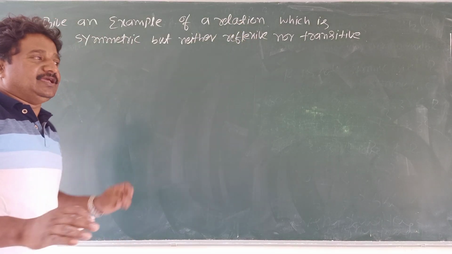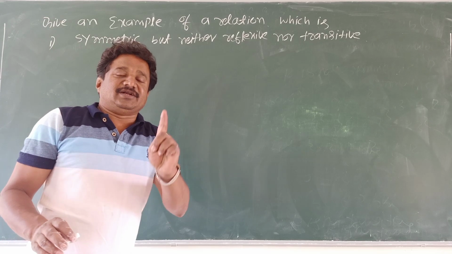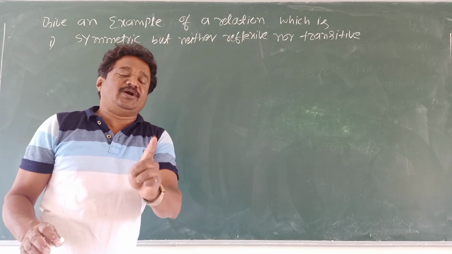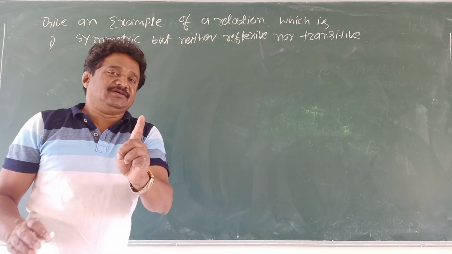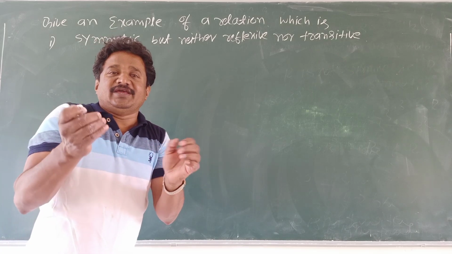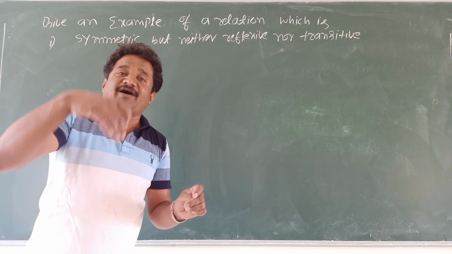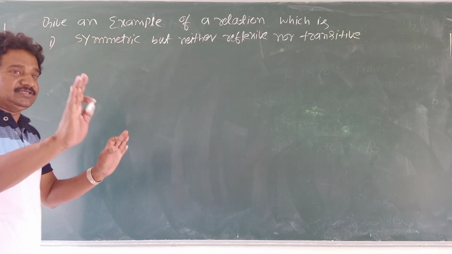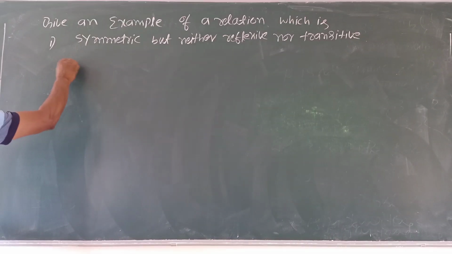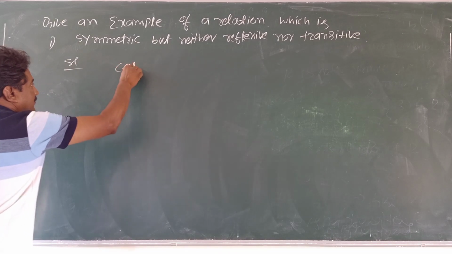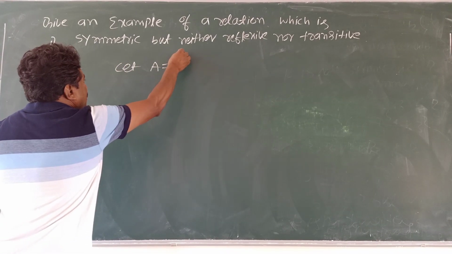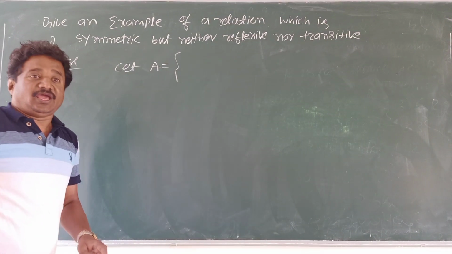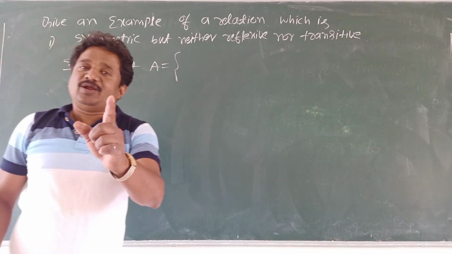Before writing any relation, taking a set is important. So we go for defining relations on sets only. First you should take what? Set. Solution. Let you take any set of your own.